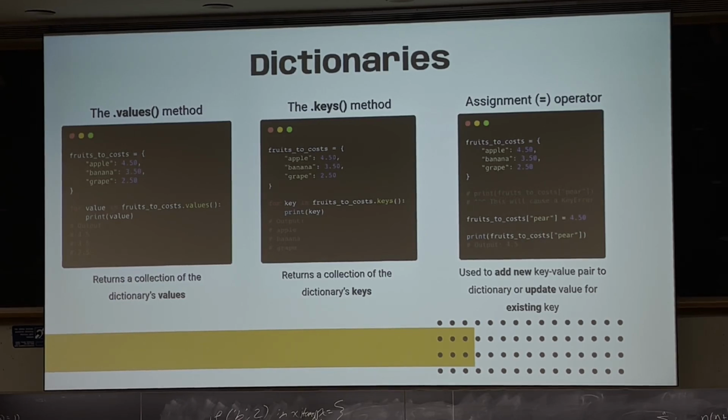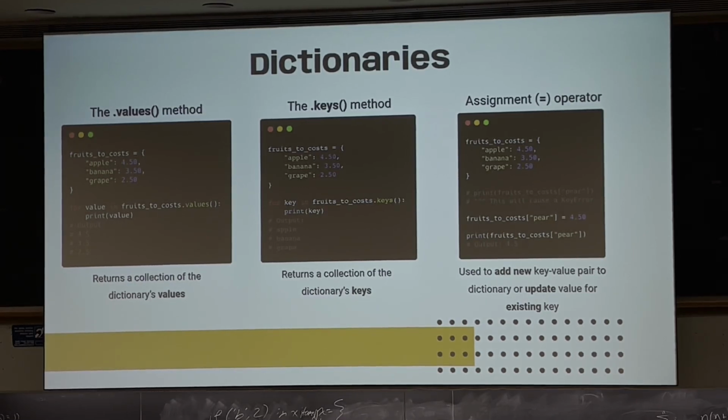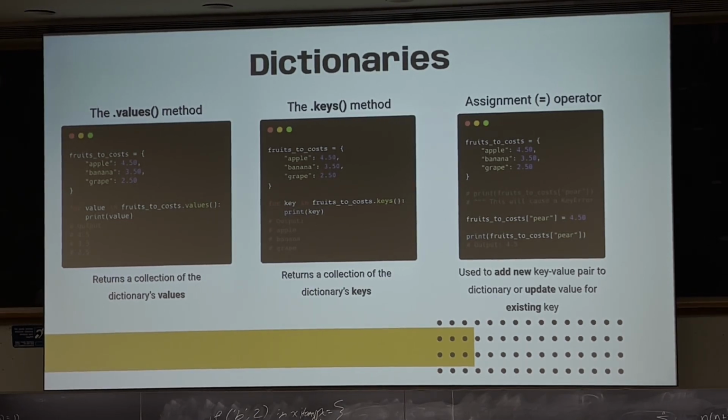And then, okay, this one is, yes? So the values and keys will just be what the value is. It won't be a tuple including the key and the value, like items is, because items will be your general thing. So if you just print fruit costs dot keys, what would that give you?